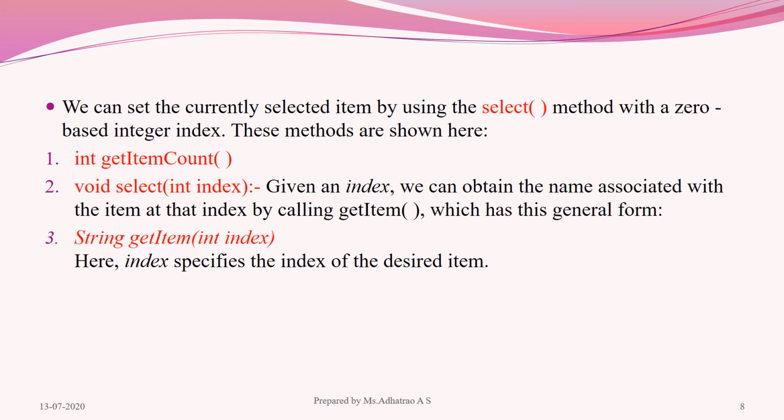Given an index, we can obtain the name associated with the item at that index by calling getItem, which has this general form: String getItem(int index). Here index specifies the index of the desired item.